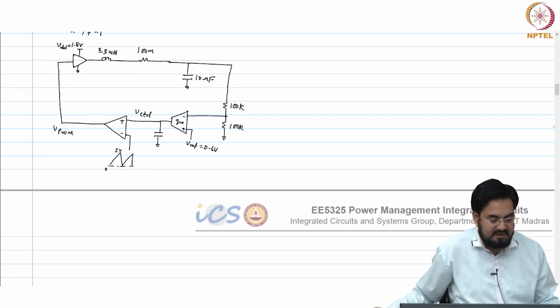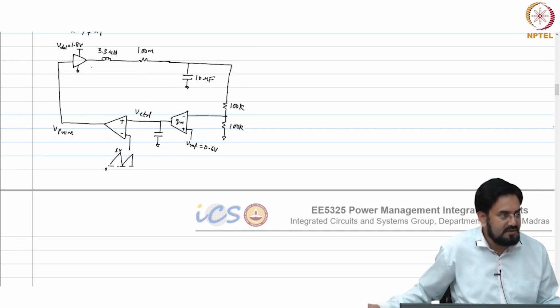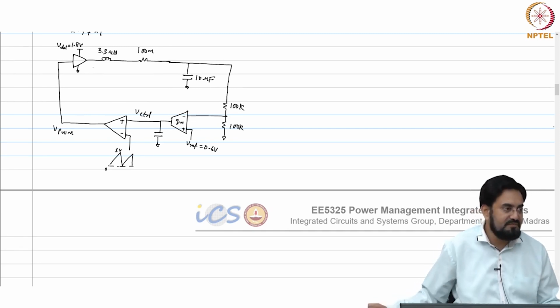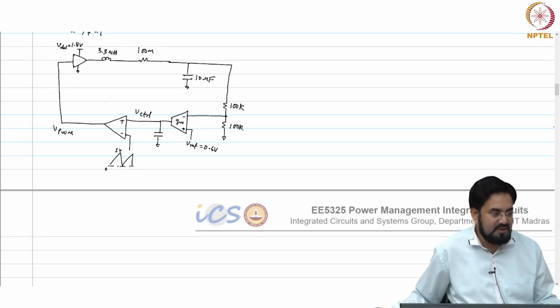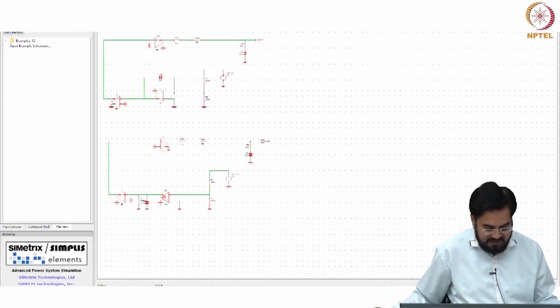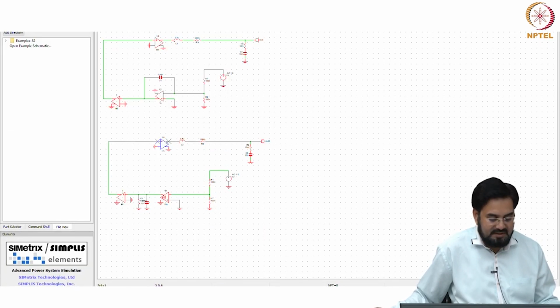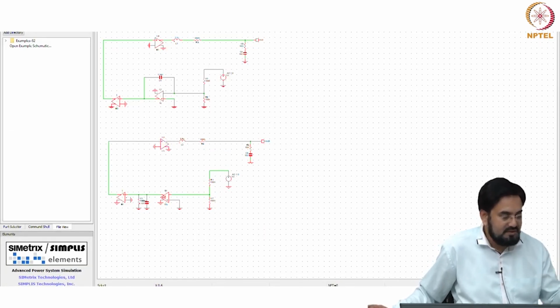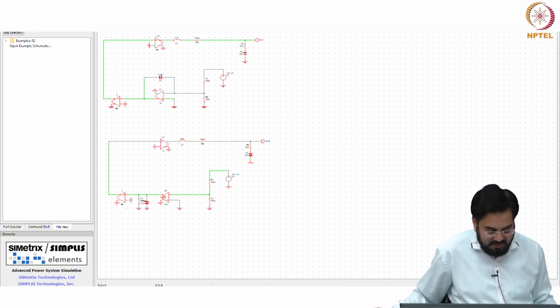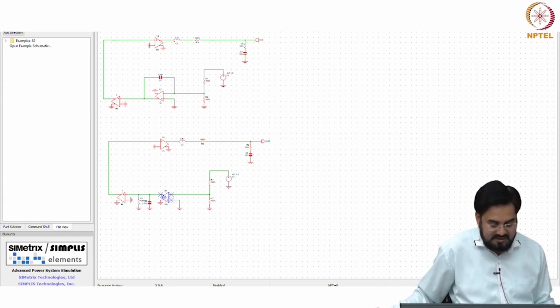So, the total gain including your driver will be VDD over VM. So, 1.8 divided by 1, that is simply 1.8, that is what I have done here. And this is your gain of your PWM modulator, okay, 2.97 nanofarad, and GM is 10 micro, 10K, 10K.